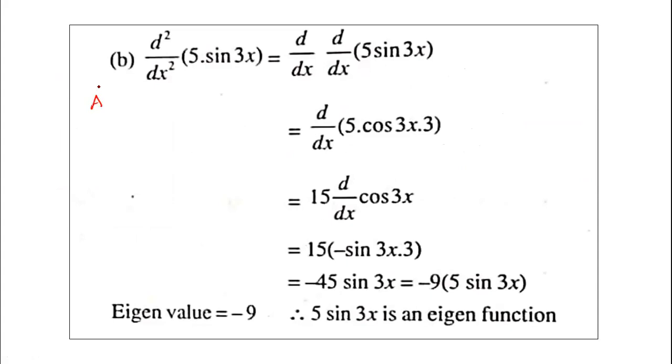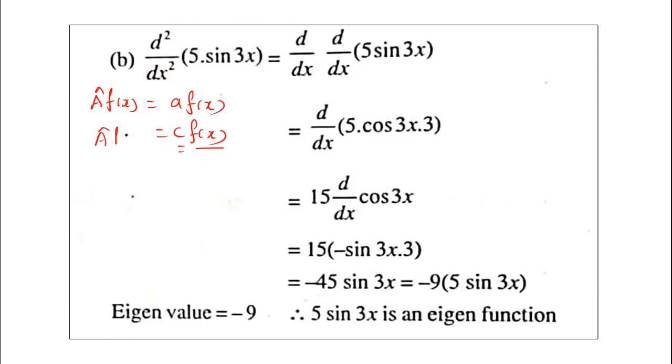The operator A is operated onto the function f of x, and if we get a constant c into f of x, then this constant c is called the eigenvalue of the operator, and this f of x is called the eigenfunction of the operator.